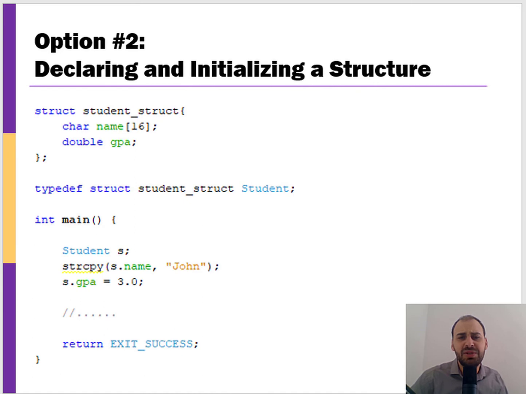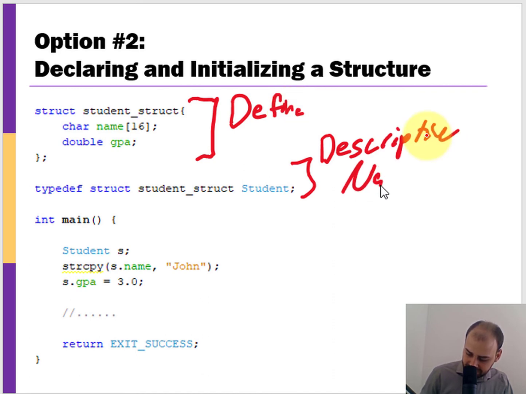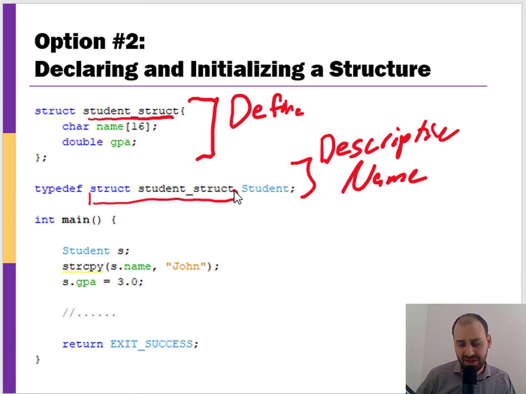Now that actually becomes useful, because I could do something like this, where we're defining our structure here, but I'm giving it a descriptive name for the data type. What I'm effectively doing is this: usually I would have to declare the structure like this, using this as the data type.